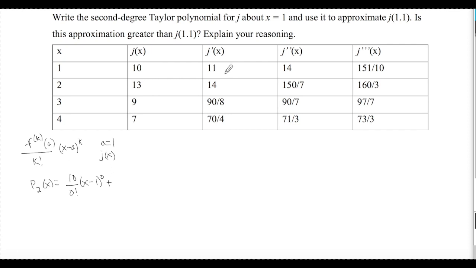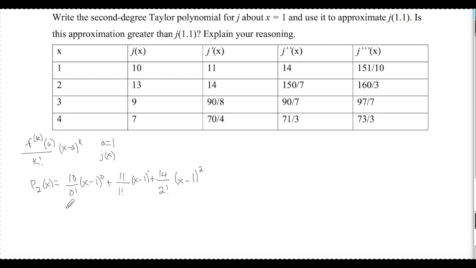K is now 1, so the first derivative there, which will be 11 over 1 factorial, and then x minus 1 to the first power, plus, then we need the second derivative at that a value now. So the second derivative at a is 14 over 2 factorial times x minus, I almost wrote 2, x minus 1 squared, because k is now 2.